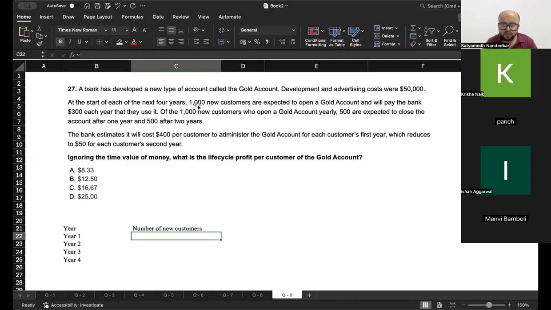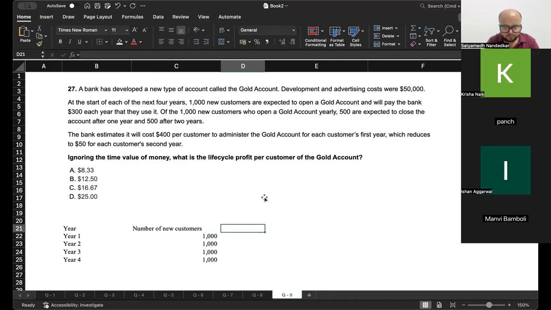And by the way, each of these 1,000 customers will pay the company 300 each year that they use it. Of the 1,000 new customers who open a gold account, 500 are expected to close the account after 1 year and 500 after 2 years.